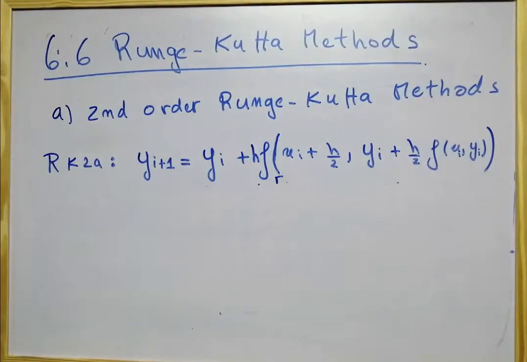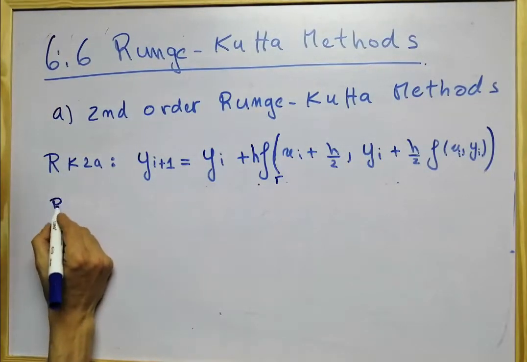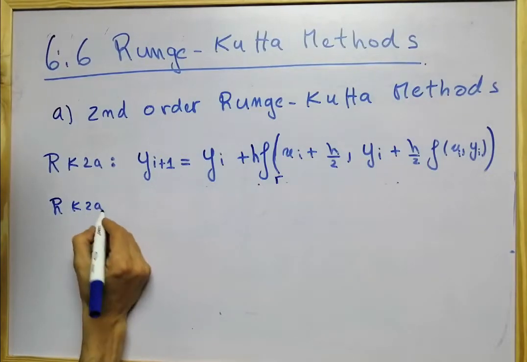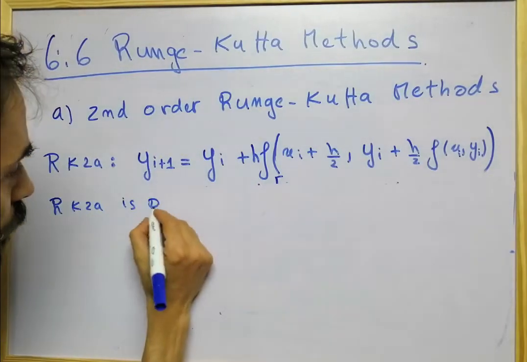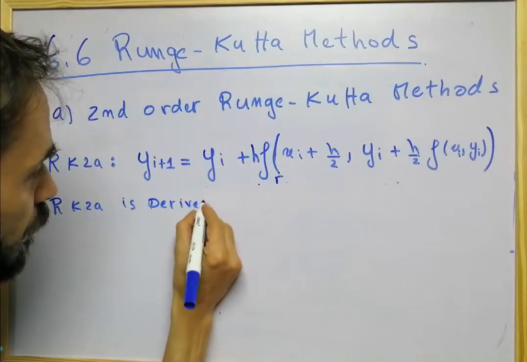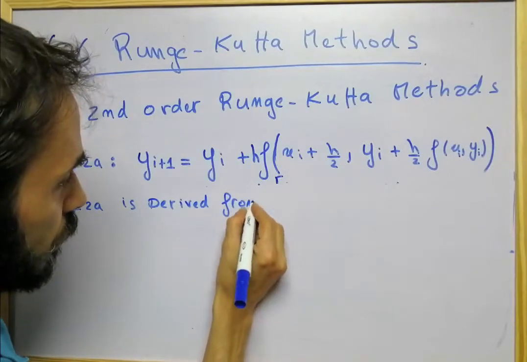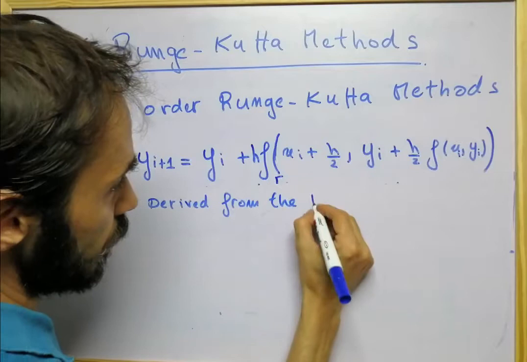So the RK2A is derived from the midpoint rectangle approximation.